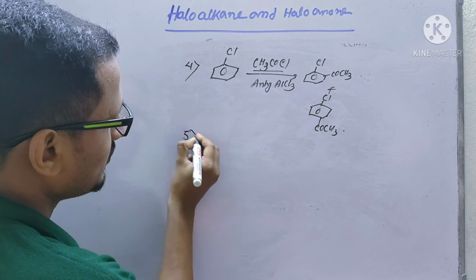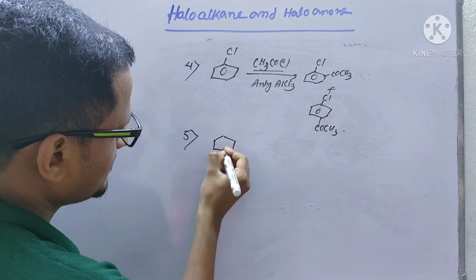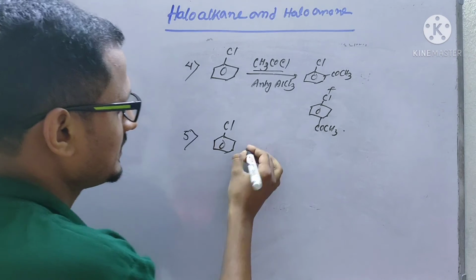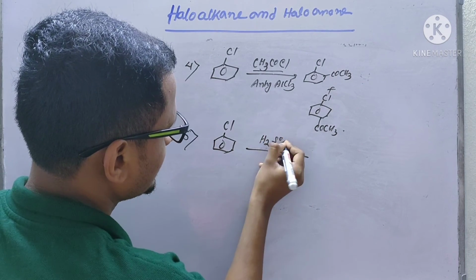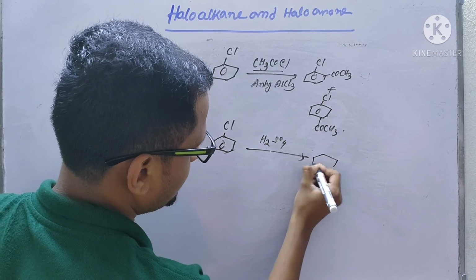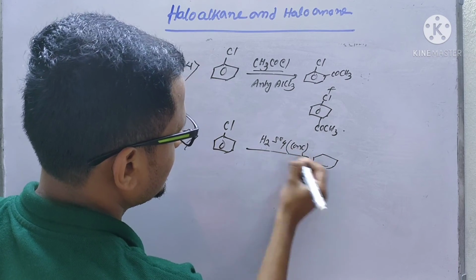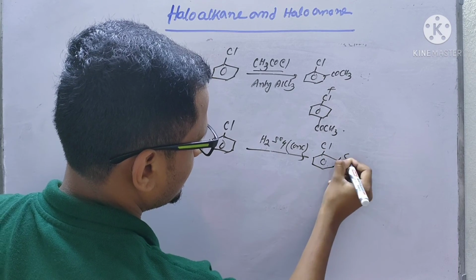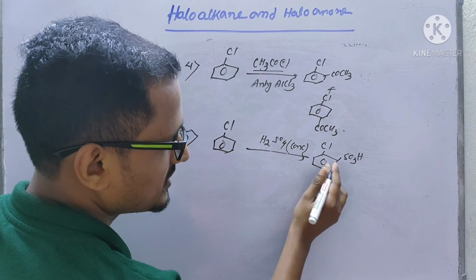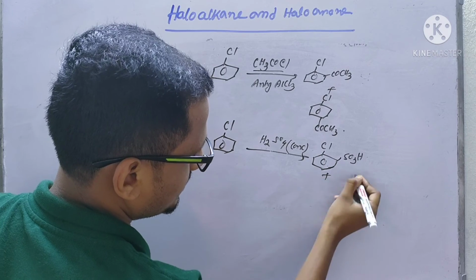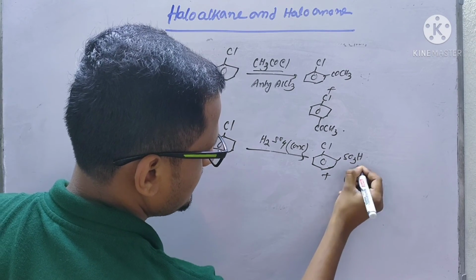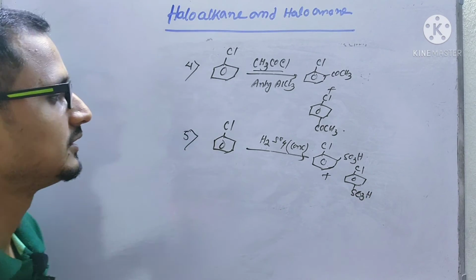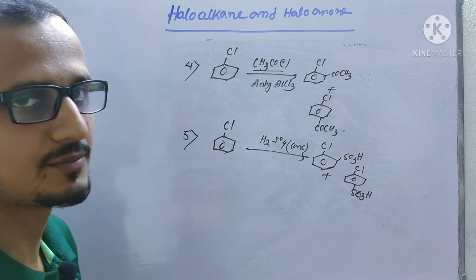Okay, so here if you give concentrated sulfuric acid, then what you will get here is SO3H in ortho position plus SO3H in para position. Okay, so ortho-chlorobenzenesulfonic acid and para-chlorobenzenesulfonic acid you are getting.